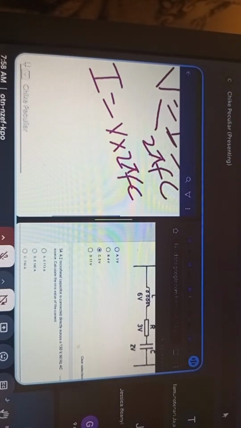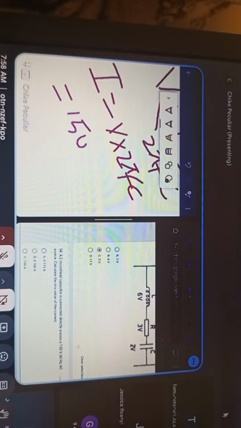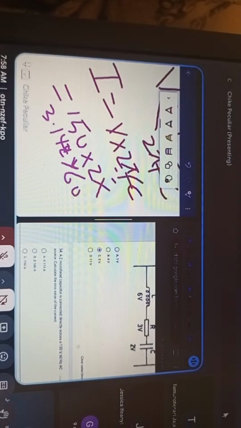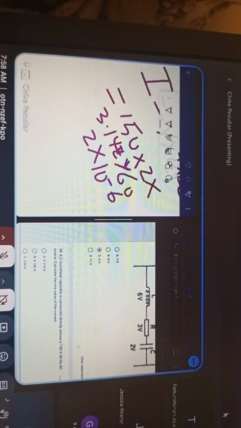The voltage given in the question is 150 volts, times 2 times pi. In physics, unlike mathematics, we usually use 3.14 unless otherwise stated, or 3.1416. Then the frequency is 60 hertz, times the capacitance of 2 microfarad. Micro is 10 to the power of minus 6. So this will give me the current.